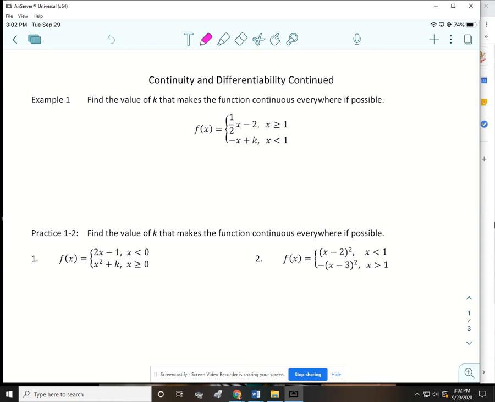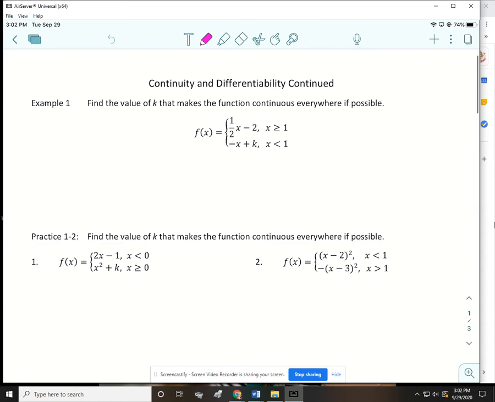So just a quick review about continuity. For a function to be continuous at a point, the limit as x approaches that point from the left of the function must equal the limit as x approaches that point from the right of f of x.